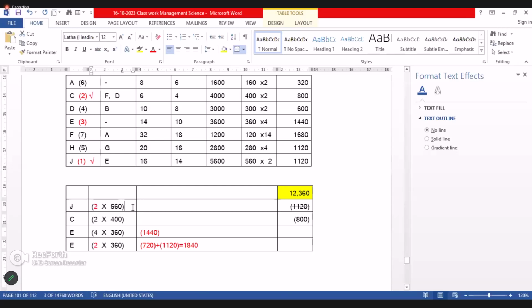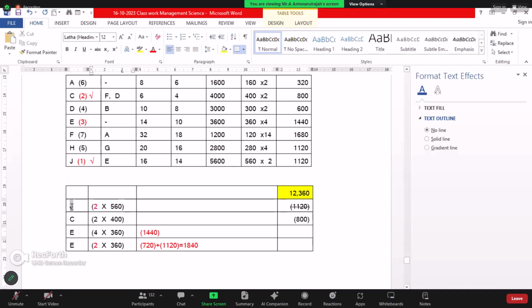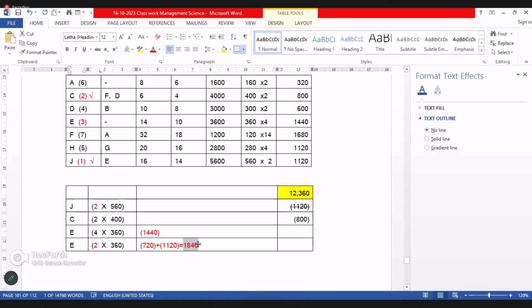So considering 2 days in J and an additional 2 days in E, the advantage will be 1840. So therefore, our choice is what? Only E 2 days is our case. I hope you can understand.